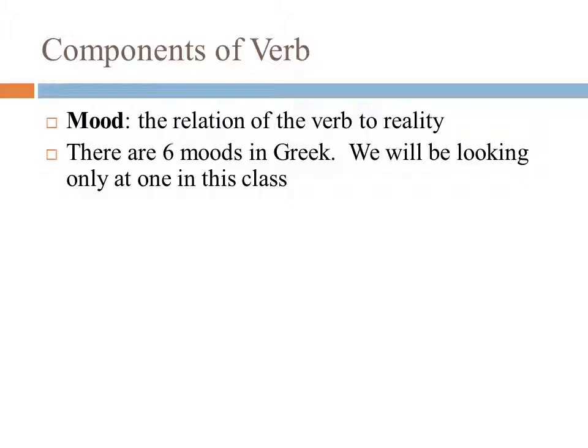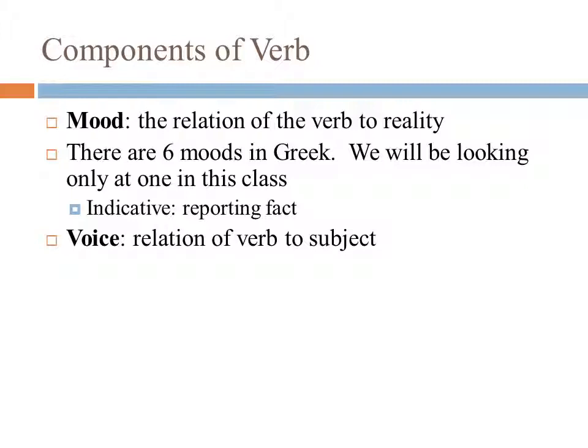There are 6 moods in Greek, but this semester we'll be looking at only one of these, and that will be the indicative. And the indicative, which is the most commonly used, is the verb that reports fact or reports reality. Now the thing about the indicative is this reporting may not be correct. I can say the earth is flat, and that would be indicative, but we know that fact is wrong.